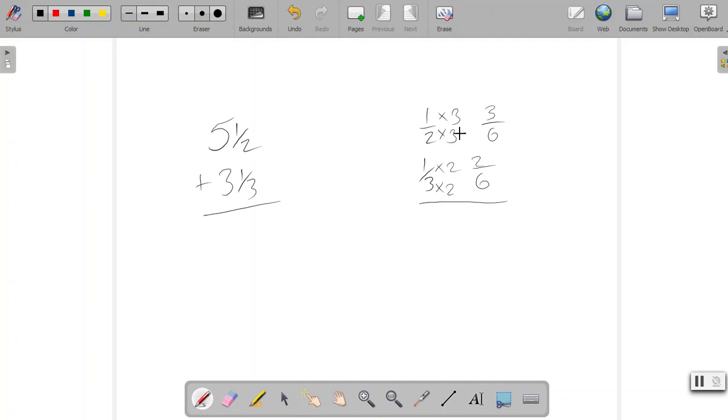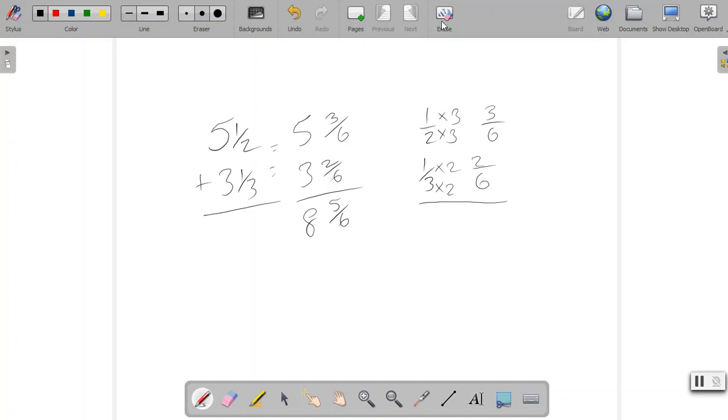So you've got 3/6 plus 2/6. You could rewrite this if you wanted to. It becomes 5 and 3/6 plus 3 and 2/6. Now the fractions do their thing, the whole numbers do their thing. 3/6 plus 2/6 is 5/6. 5 plus 3 is 8.